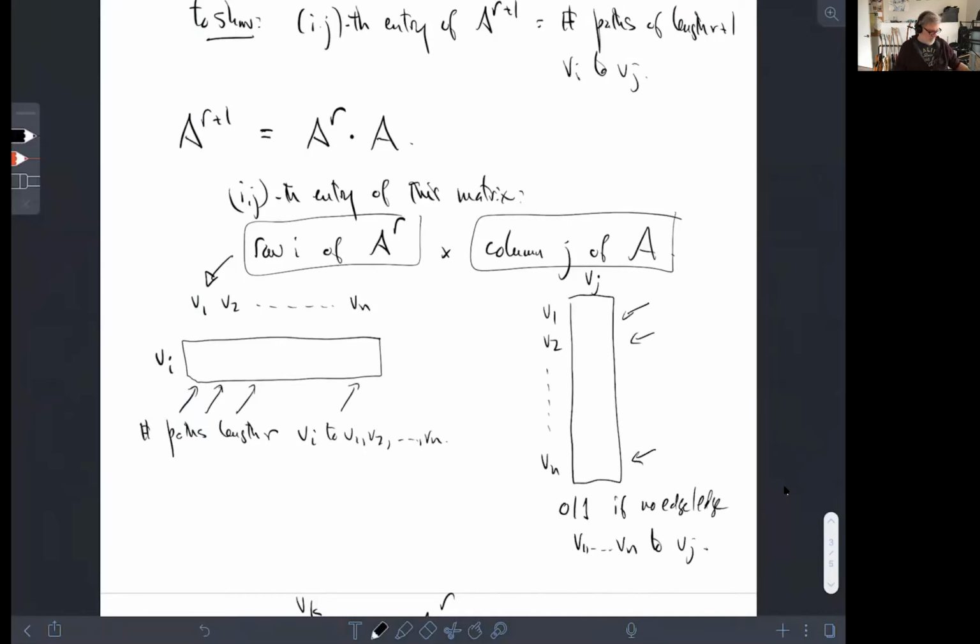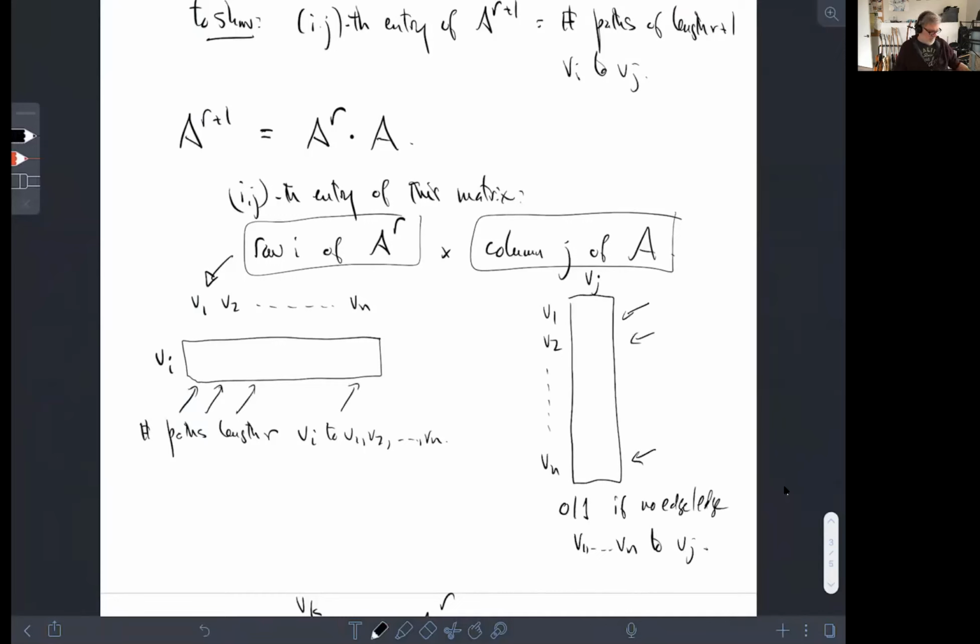In G, I've got VI, I've got VJ, and I want to look at paths of length R plus 1 from VI to VJ. I've got information about paths of length R from VI to anything, and paths of length 1 from anything to VJ. So how should I visualize a path of length R plus 1 from VI to VJ?